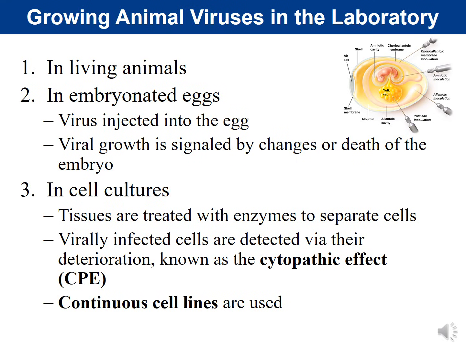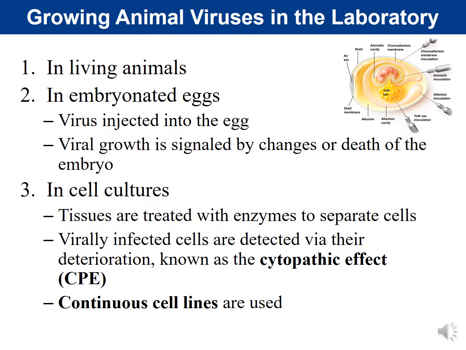Then viruses are put on the cells, and we can look for virally infected cells by looking for the cell's deterioration, what's known as the cytopathic effect, or CPE. And so we're going to look at some of these cytopathic effects that allow us to identify if a cell is virally infected.